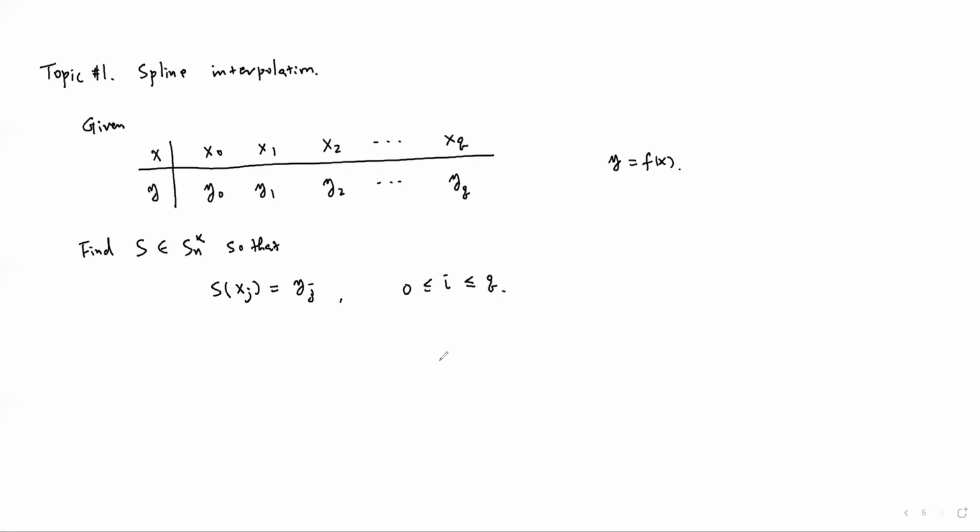About these knots, let me make one assumption. Assume the knots are all in this interval. Now how do we find S?